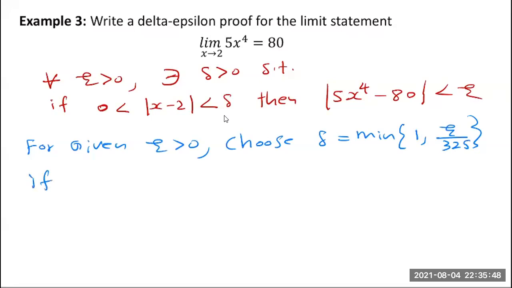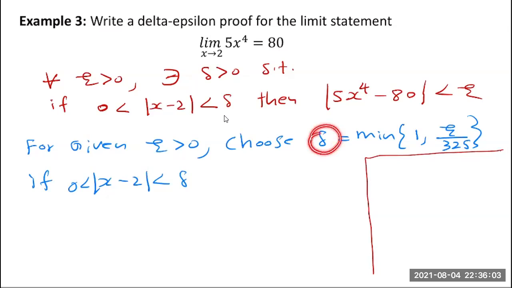If the absolute value of x minus 2 is greater than 0 and less than delta, let's make some observations here. If your delta is the minimum of 1 and epsilon over 325, then delta has to be less than or equal to 1. So that means my absolute value of x minus 2 has to be less than 1.